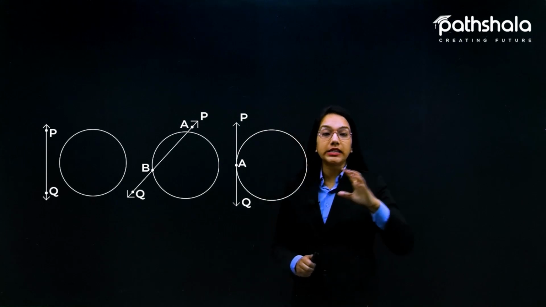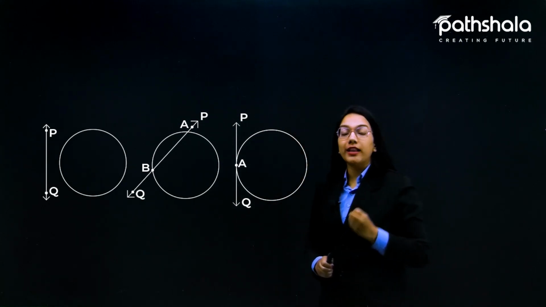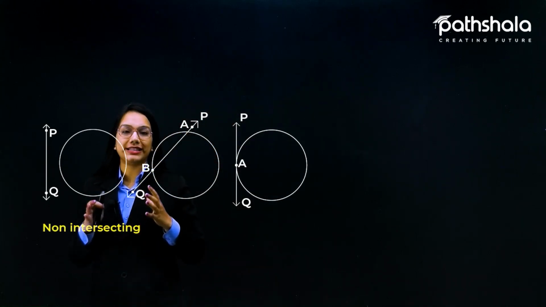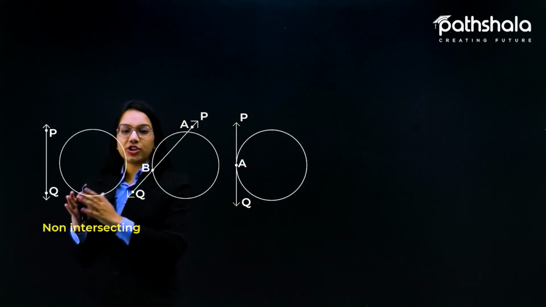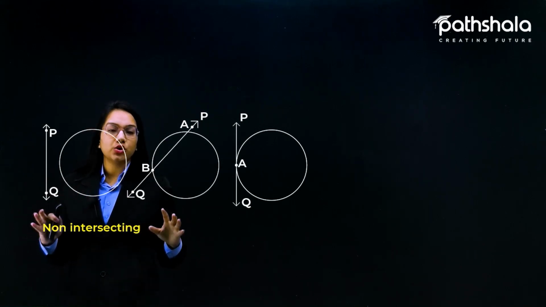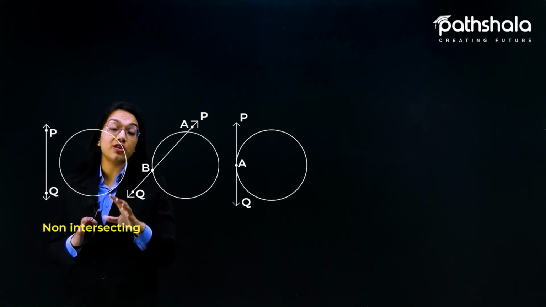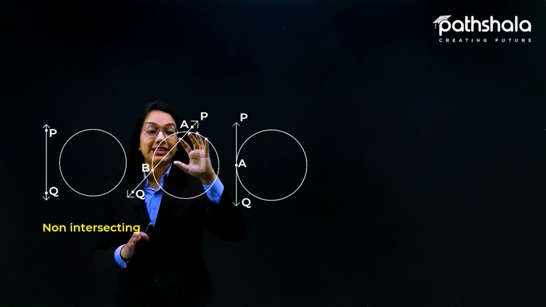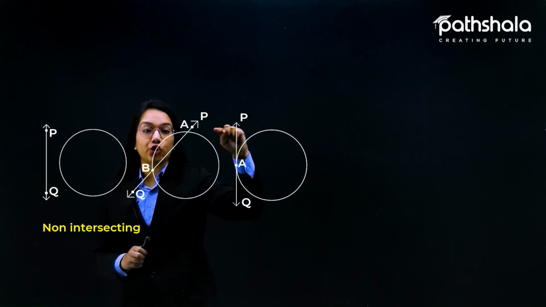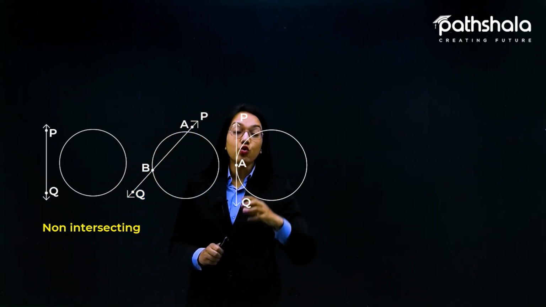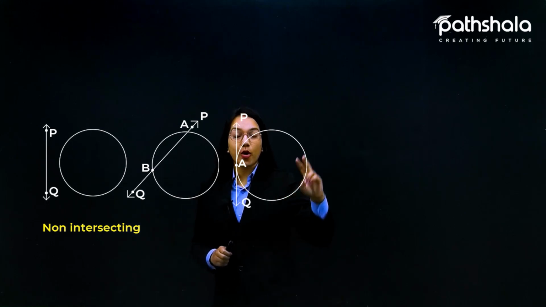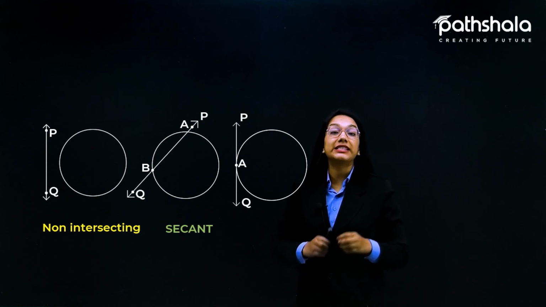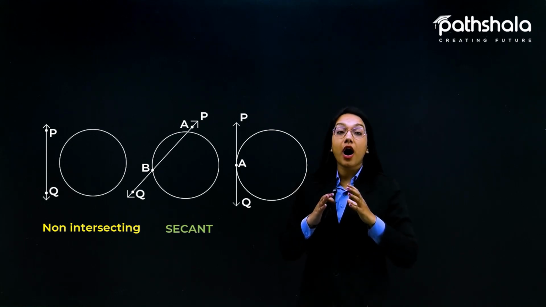Now, what are these situations called? In the very first situation, we call it a non-intersecting one, as these two are not intersecting each other. In the second situation, PQ has 2 common points with the circle, which implies that it is a secant.